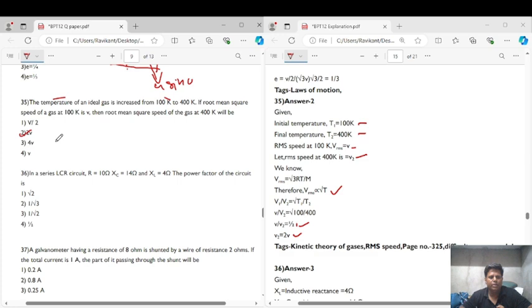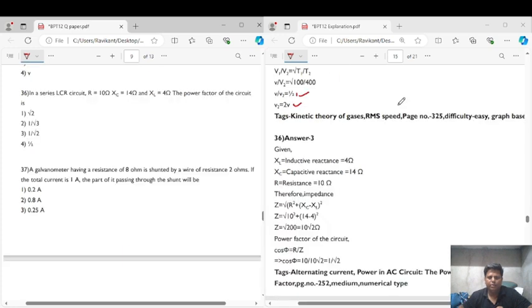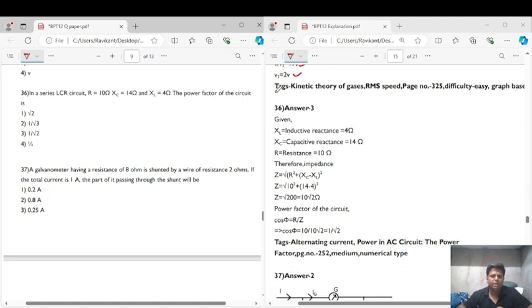Right? Now let's come to question number 36. In a series LCR circuit, R is equal to 10 ohm, XL is equal to 14, find the power factor of the circuit. For this we can use the impedance triangle.